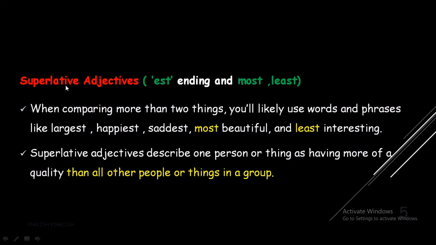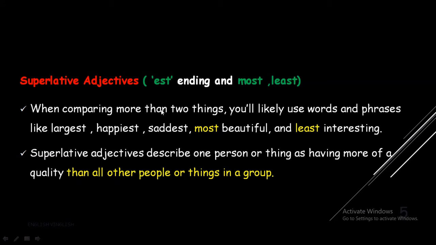So next up is superlative adjectives. They end in EST. Comparative adjectives end in ER, but these end in EST. And instead of more and less, we use most and least.